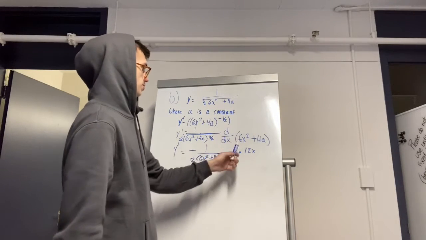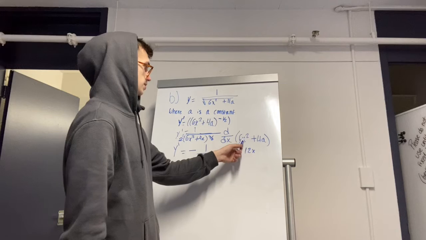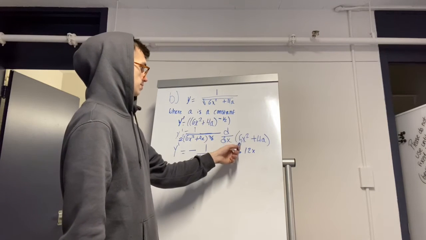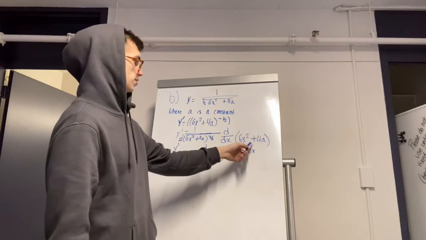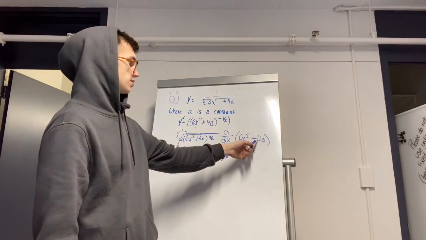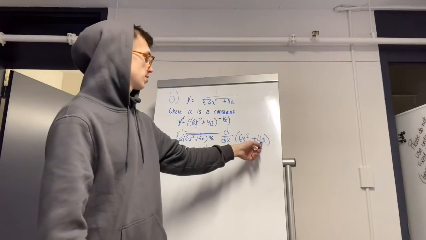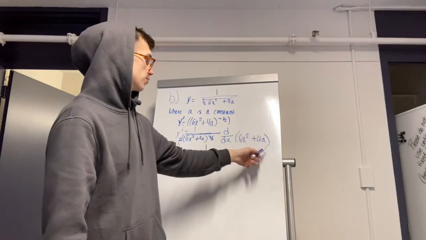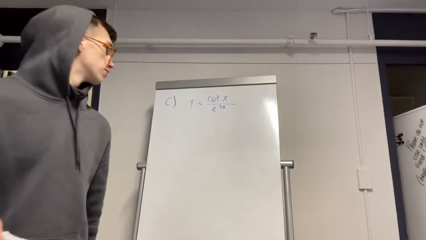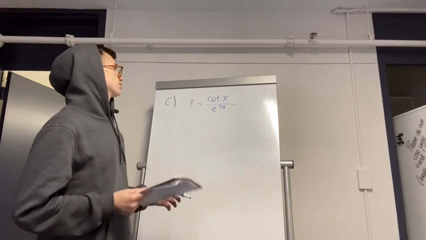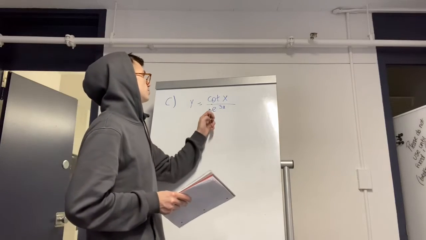For this part, we took the derivative of 6x squared. 2 times 6 is 12x. And 4a, since a would be a constant, the derivative goes to 0. Therefore, that cancels out.